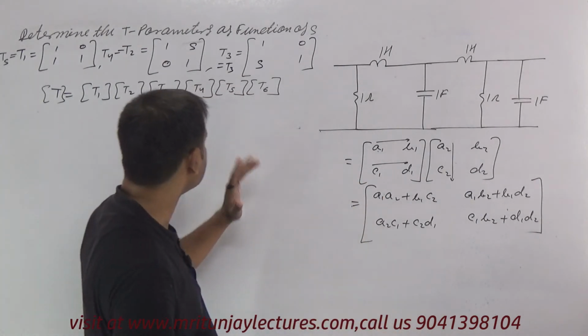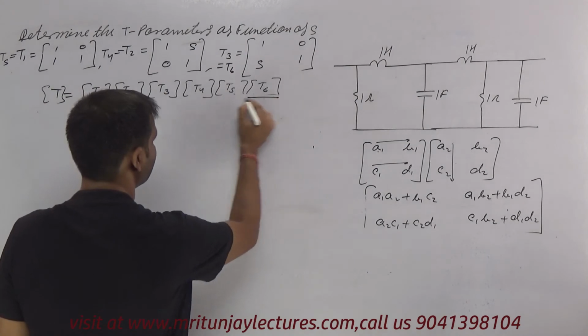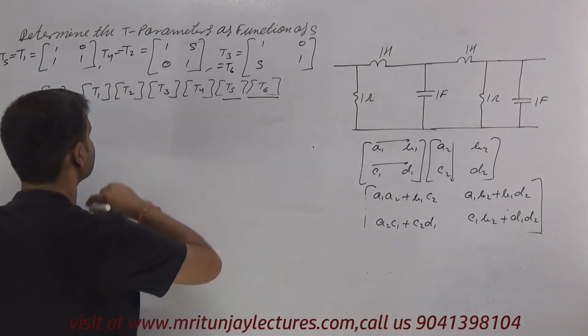So first of all, multiplication of T5 and T6.